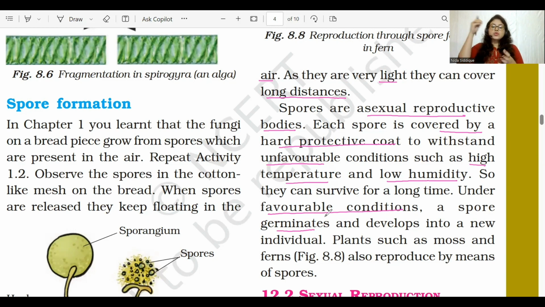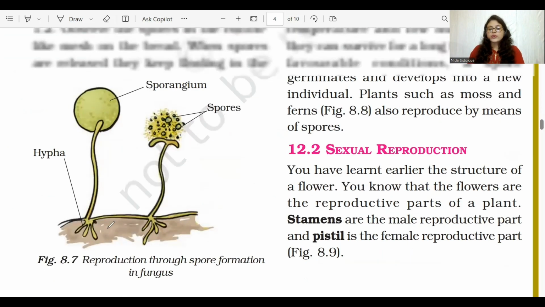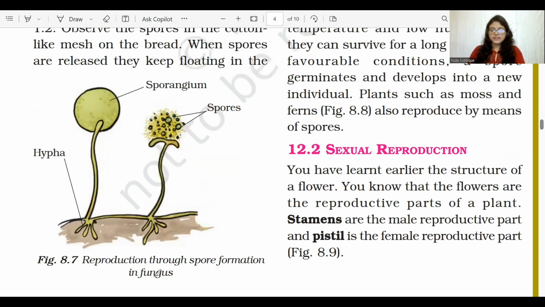Now, as soon as these spores land on any moist surface, that is a favorable condition for them. So these spores germinate and develop into a new individual. Now, there are plants like moss and ferns which also reproduce by the method of spore formation. Let us look at the diagram of reproduction through spore formation in fungus.